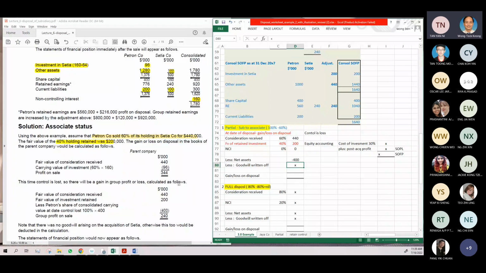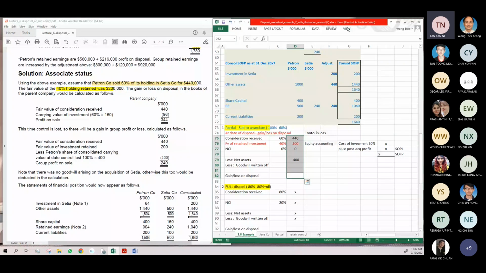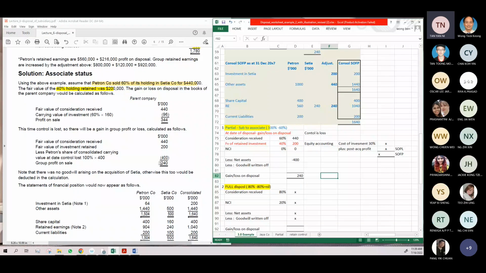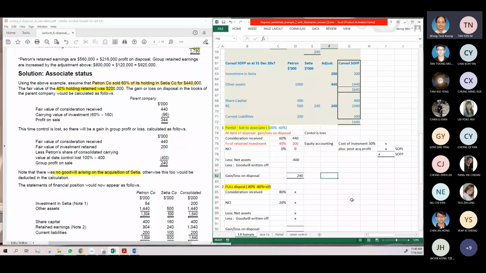Okay, in this case, they do have goodwill, so you just add across. So the gain or loss is 240, as given here. In this case, there is no goodwill arising on acquisition of the subsidiary. Okay, give you time to think and digest. So easy, just fill in the gap only, right? So this format is important.